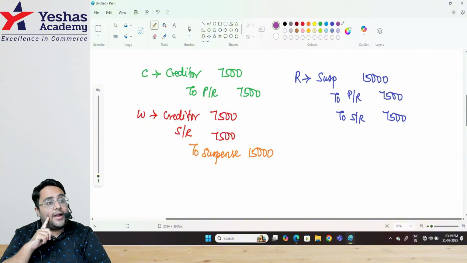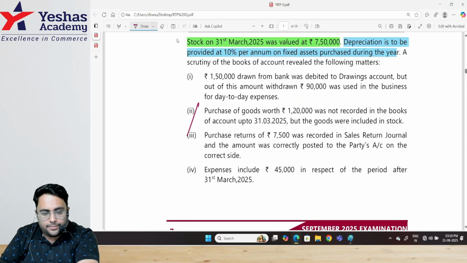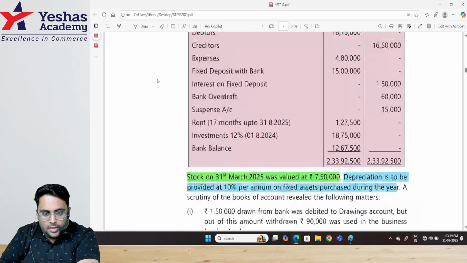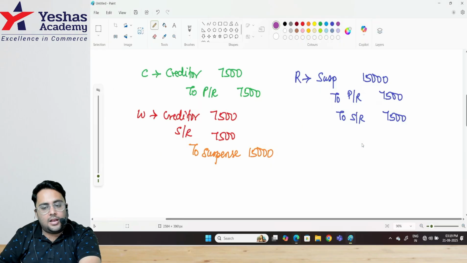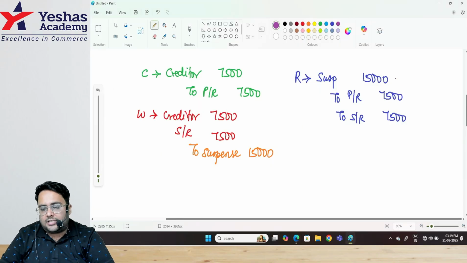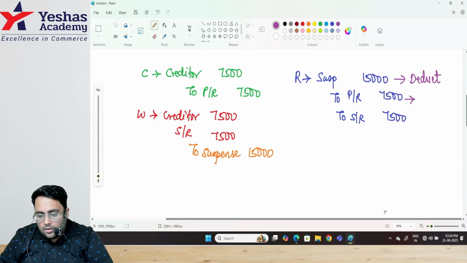Now what will be the effect? Suspense account, check if it is there in the question. If you see the given trial balance, you have suspense on the credit side. 15,000. So what will happen to that suspense? That suspense now gets cancelled. You will deduct this from your credit balance. Purchase return credited. What should I do?